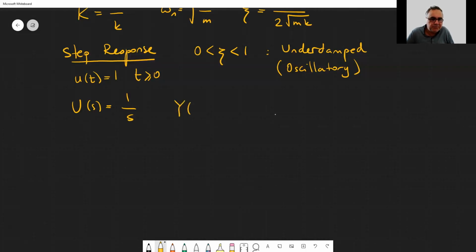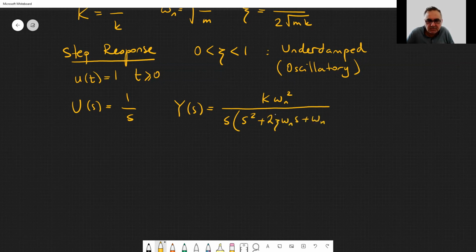And then y of s will be k omega n squared over s times s squared plus 2 zeta omega n s plus omega n squared.